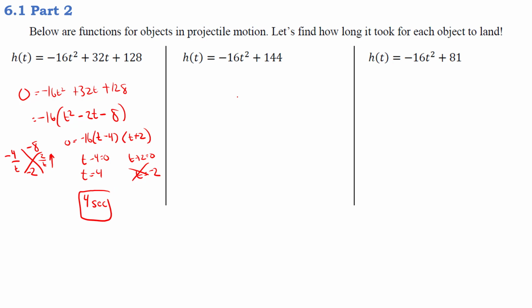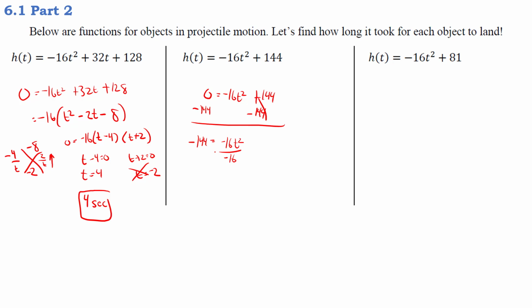Okay, so the next one, 0 equals negative 16t squared plus 144. And we can go ahead and do this. Let's solve for the t itself, and then we'll take the square root of both sides. So let's subtract 144 from both sides. All right, then we're left with negative 144 equals negative 16t squared.